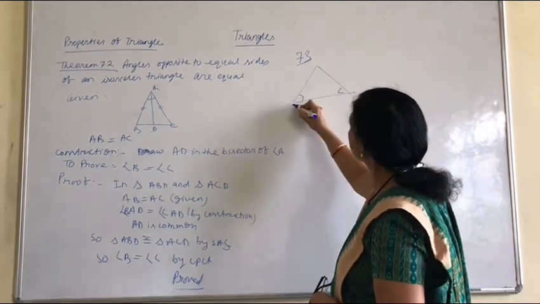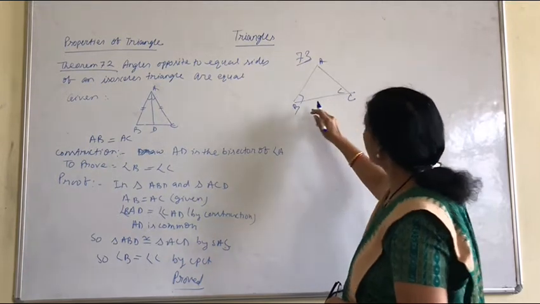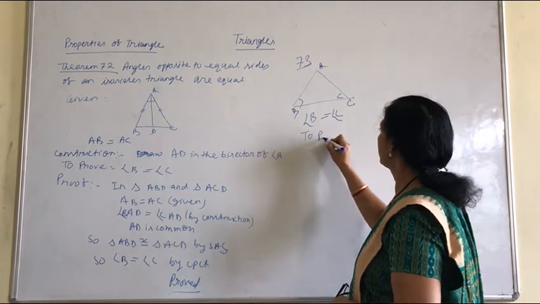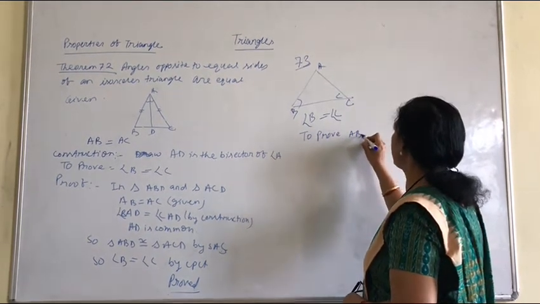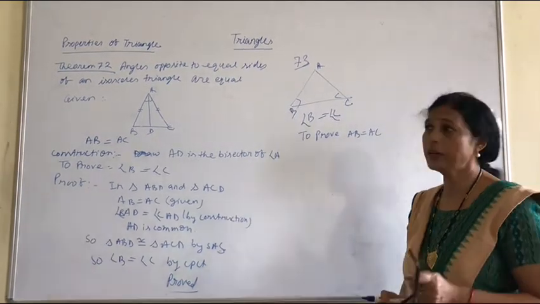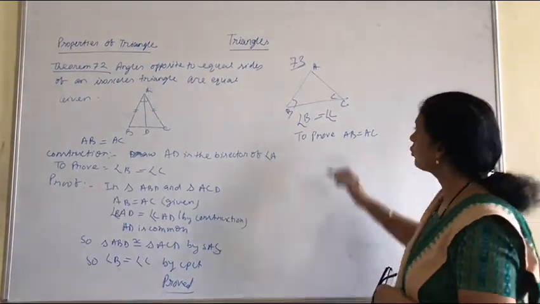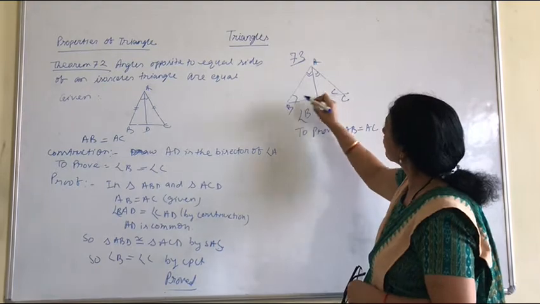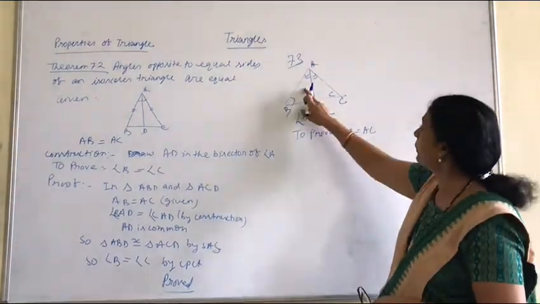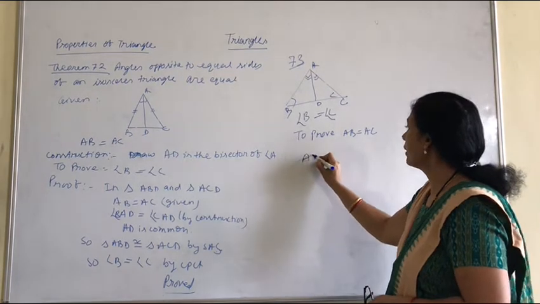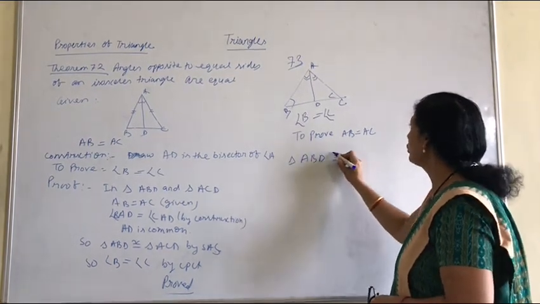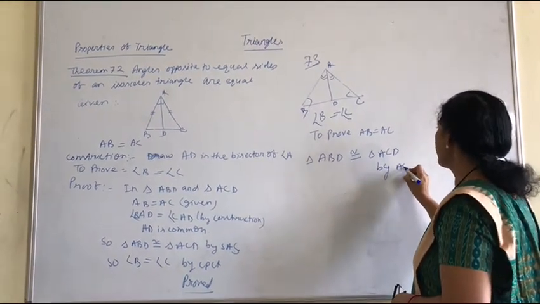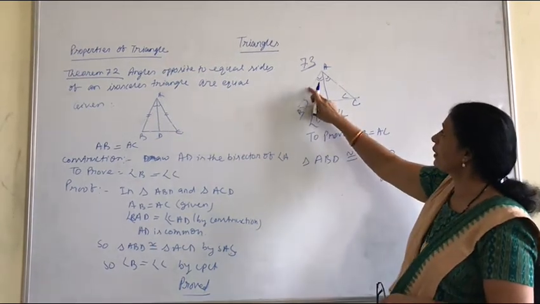Suppose ABC is a triangle, given angle B is equal to angle C. You have to prove AB is equal to AC. Okay, just similarly like 7.2, you have to prove 7.3. You need a construction AD, these two angles are equal, this is also given equal, so you have to prove triangle ABD is congruent to triangle ACD by ASA congruence, angle, side, angle.